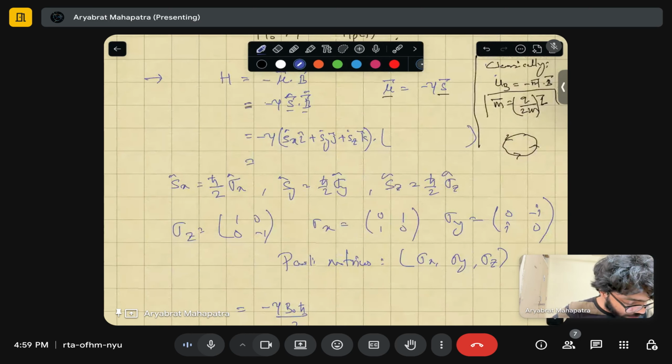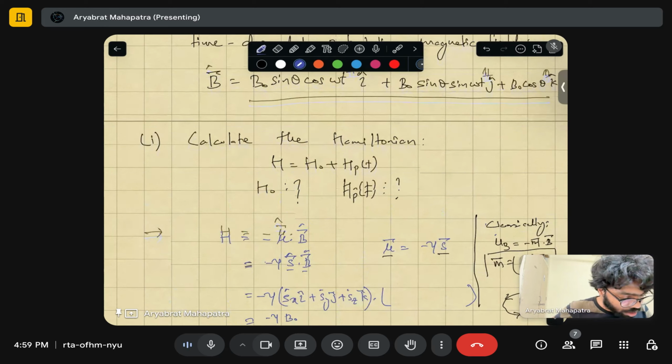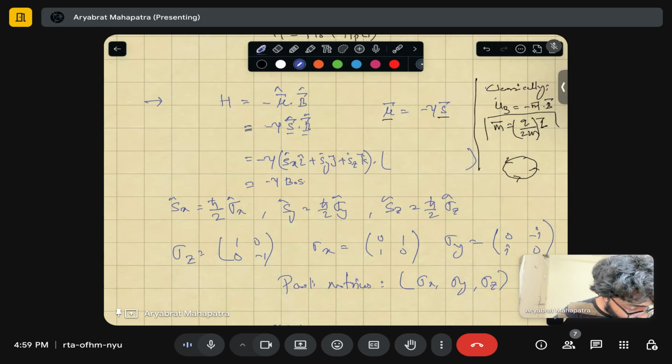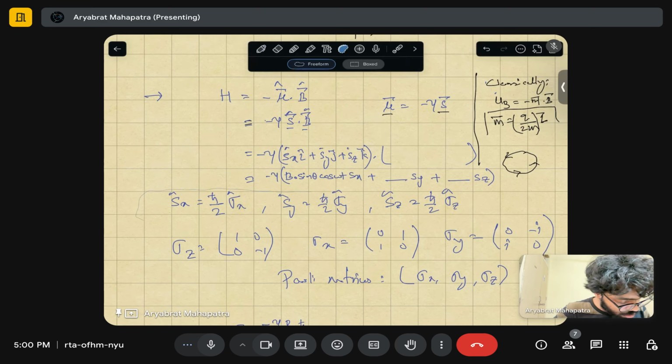This will give you minus gamma B naught sin theta cos omega t Sx, then plus, minus gamma will be common in all the cases, then you will get something Sy, then again something Sz.